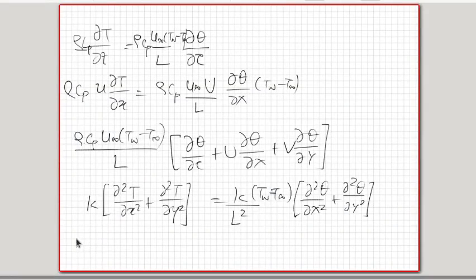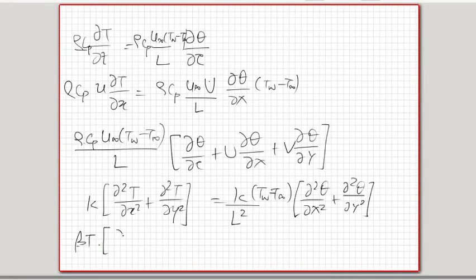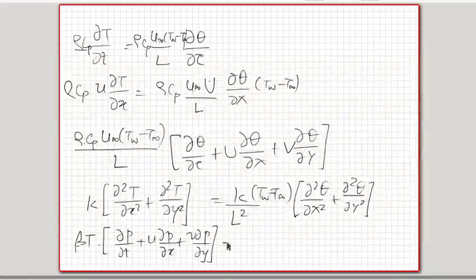And similarly, the pressure term. Beta T is already non-dimensional because beta is 1 by v dv by dT, and v gets cancelled. So this is 1 by T dimension. So beta T is already non-dimensional, multiplied by del p by del t plus u del p by del x plus v del p by del y. If I just normalize the other terms, p would automatically get non-dimensionalized. So this would actually have a u infinity.